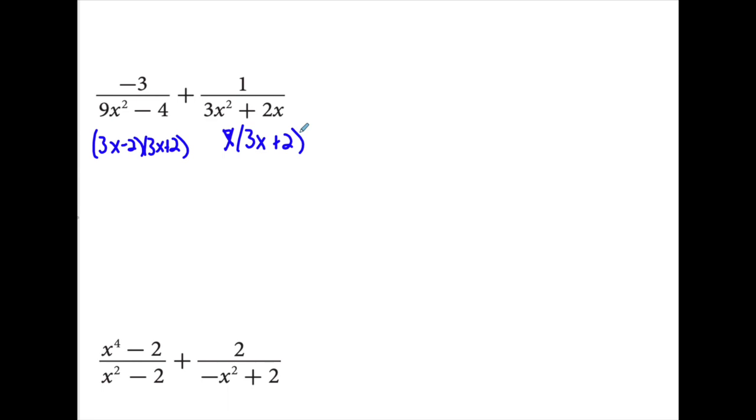So what I need is this needs to get multiplied by 3x minus 2, because essentially the GCF is x times 3x plus 2 times 3x minus 2. This one needs to get multiplied by an x. So I've got an x, a 3x minus 2, and a 3x plus 2. Make sure you do the same thing to the top and the bottom.